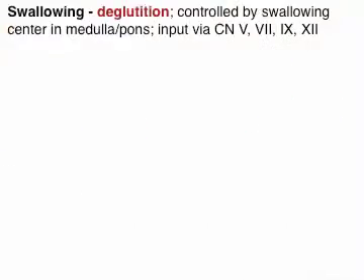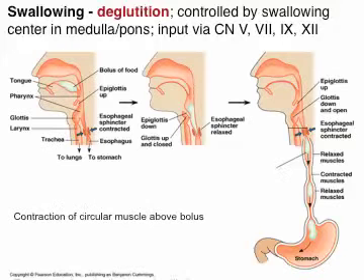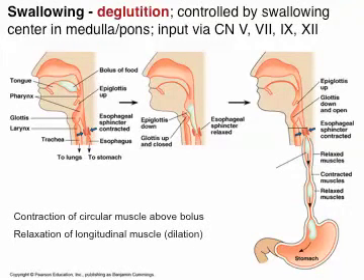Swallowing, as I've told you in previous podcasts, is clinically called deglutition, and there's a swallowing center in the medulla and the pons, with sensory afferent input via cranial nerves 5, 7, 9, and 12. This is a cartoon of the deglutition process.